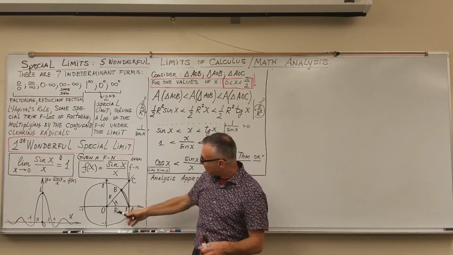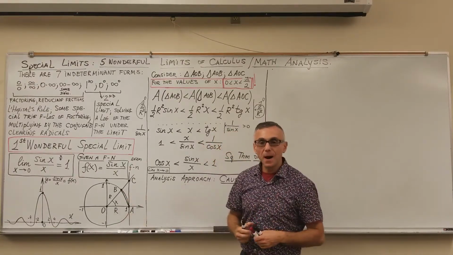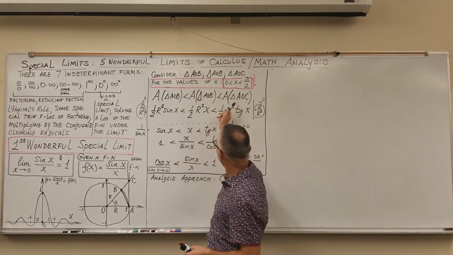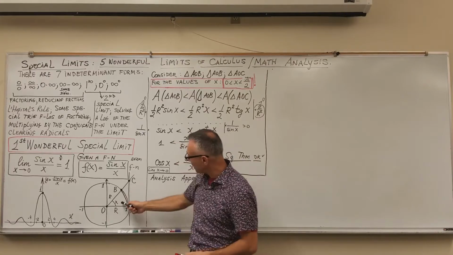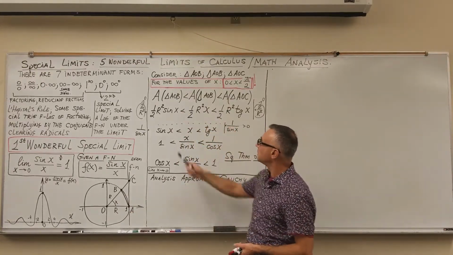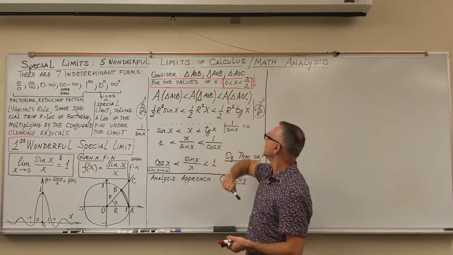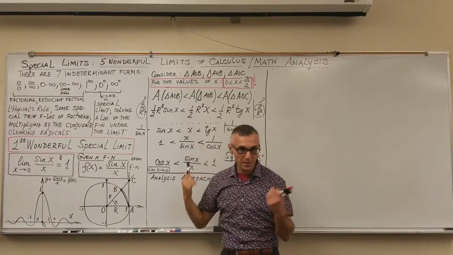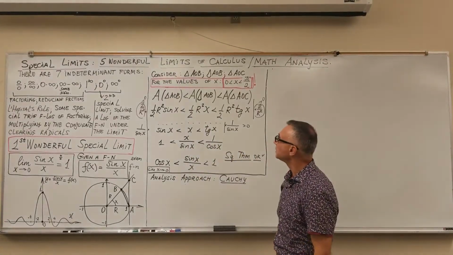It's part of that disk, kind of part of the pie, the cake. And the triangle AOC, the large triangle AOC, is easy to visualize. This is the relationship: smaller triangle, the sector, and the larger triangle. This is how they are related in this case.